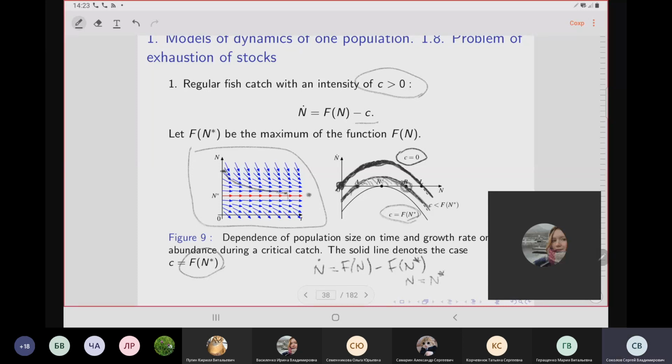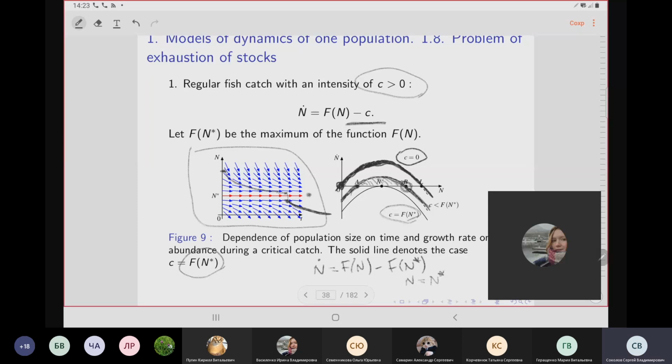At some moment, the population will drop down, and then it will go to 0. That means that with the hunt with some regular catch, when we are trying to optimize the regular catch, we see that the model becomes unstable. That's the main idea.